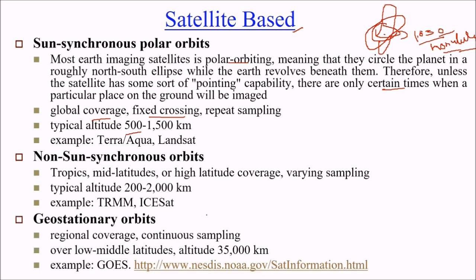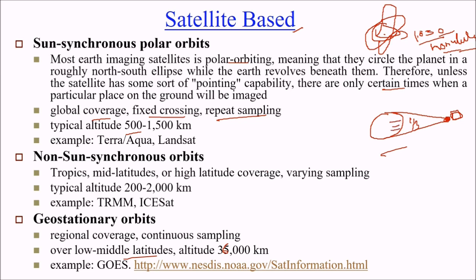Then the geostationary satellite, which covers almost one third of the globe. Why it is important is that it has a regional coverage, meaning one third of the earth it is going to cover. And it has continuous sampling as opposed to repeated sampling, since this satellite is at around 36,000 kilometers from the earth, over low and middle latitudes.